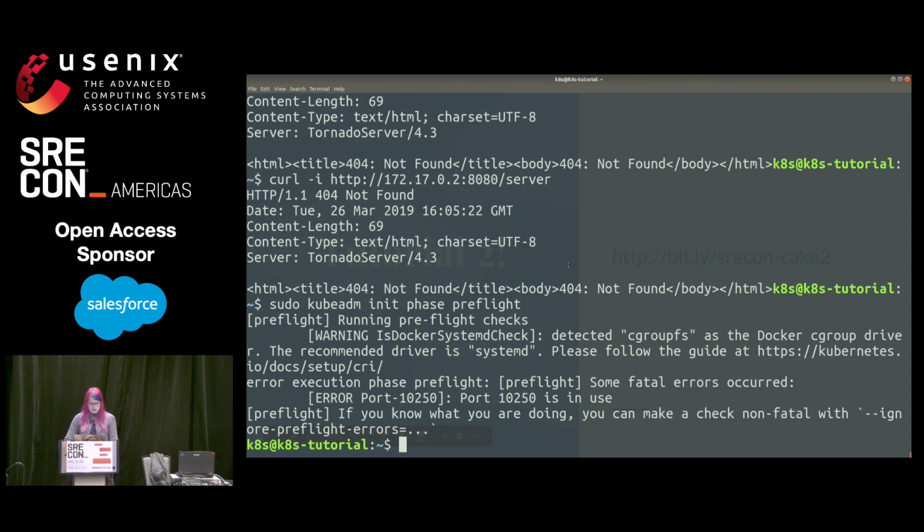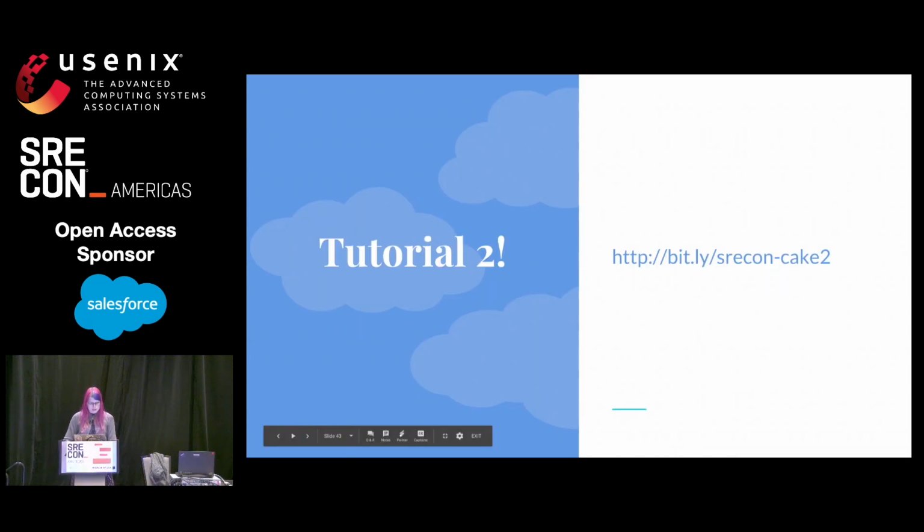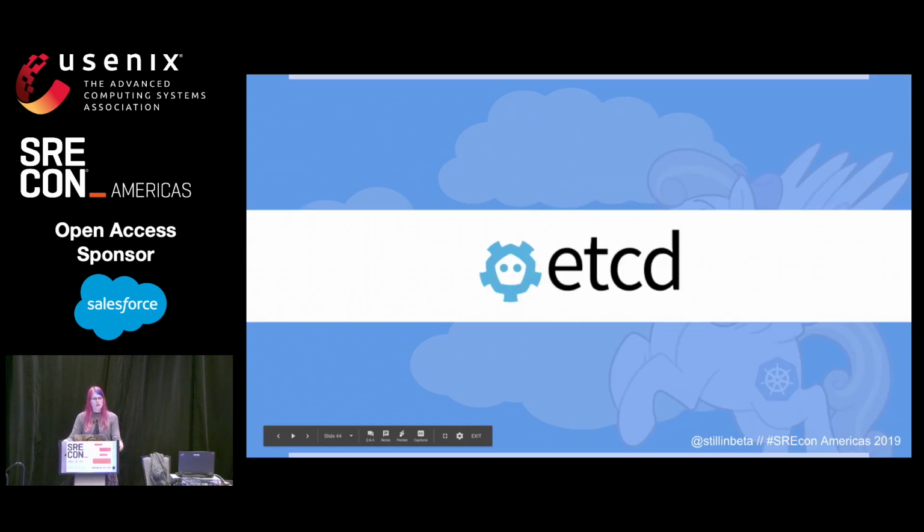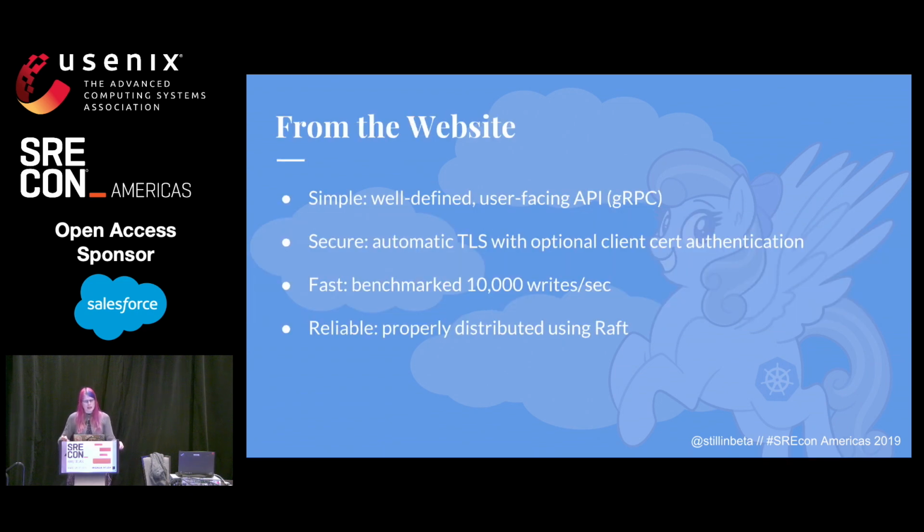So let's go back to the slides real quick, and I'm going to teach you something that you might not actually know. The next step in getting our Kubernetes cluster running is etcd. Etcd on their website has a bunch of marketing copy about things that etcd does really well. It uses Raft, which nobody understands.